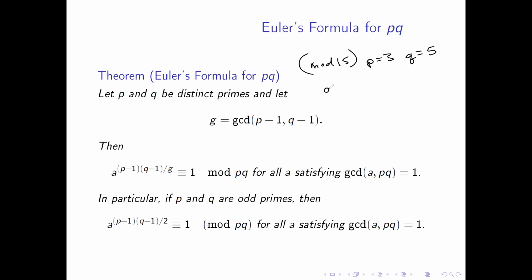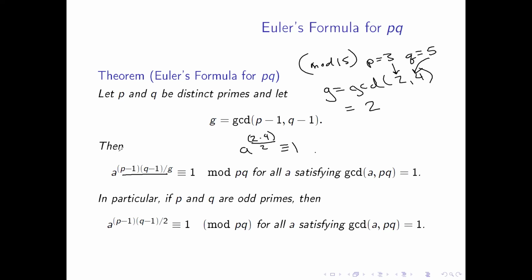Well, in that situation, G equals the greatest common divisor of 2 and 4, which is 2, because 3 comes from 2 minus 1 and 5 comes from... So any number A to the 2 times 4 over 2 is congruent to 1, as long as A is not a product of P and Q.